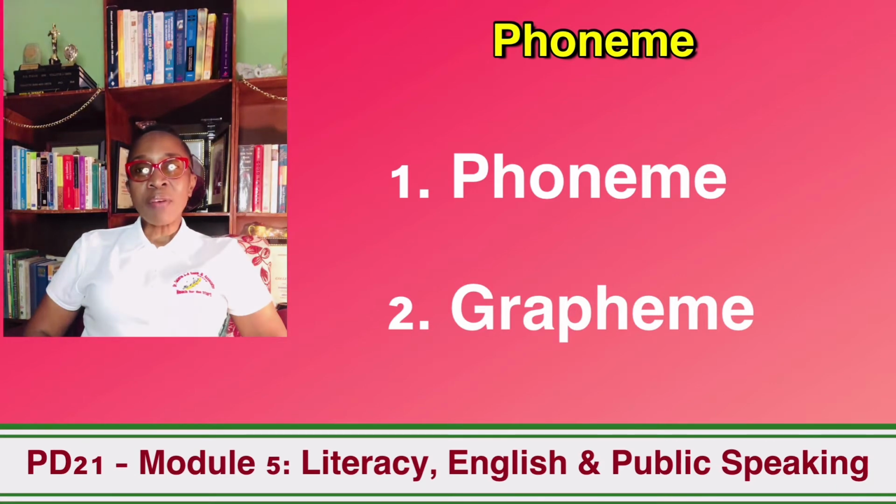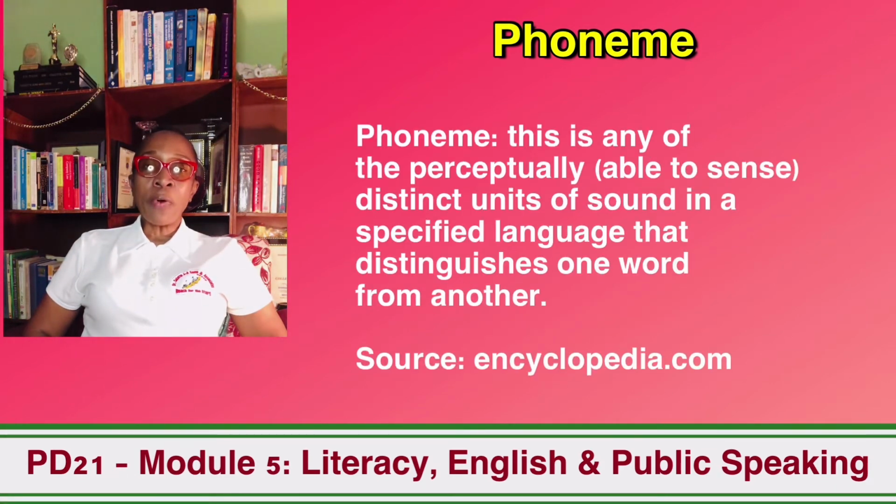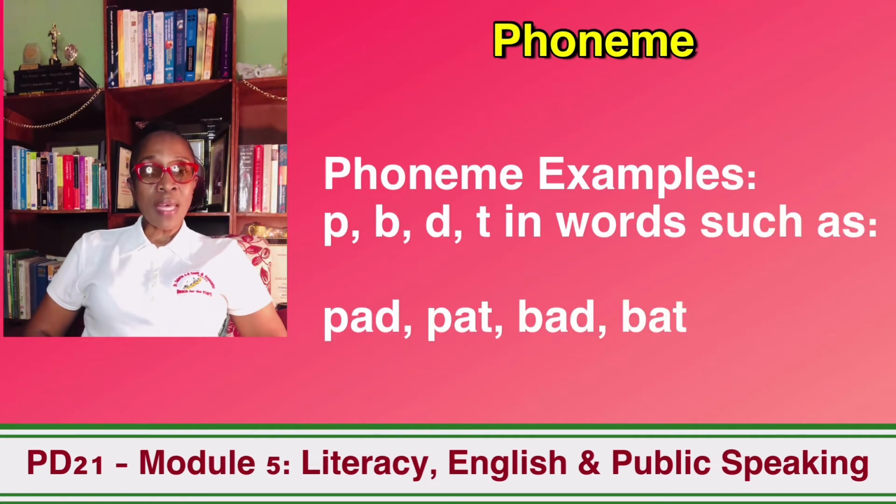Phoneme and grapheme. A phoneme is any of the perceptually distinct units of sounds in a specified language that distinguishes one word from another. For example, P, B, D, T in words such as pad, pat, bad, bat.